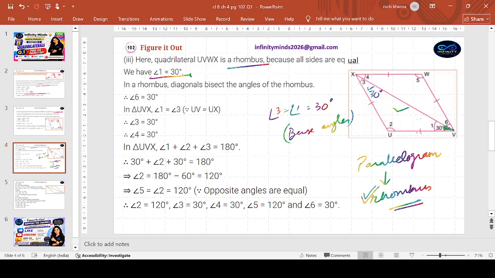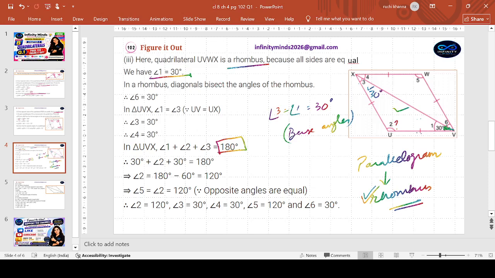Now in this triangle, if two angles are done, obviously the third angle can be found using the angle sum property. Right? That is one of the ways. Supposedly, you solve it as base angles and then apply the angle sum property.